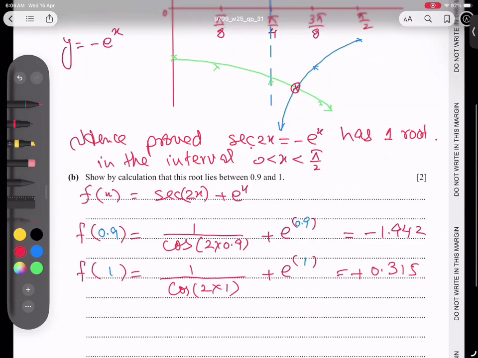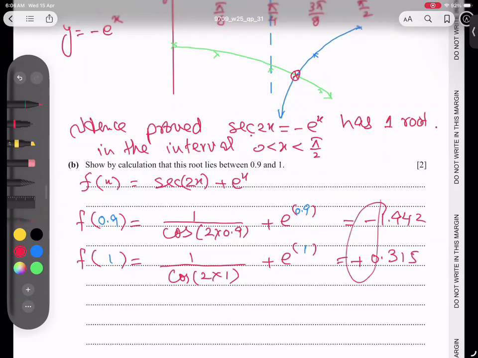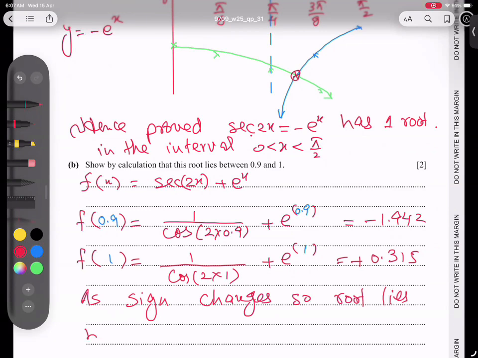And as the sign changes, write a statement here: as sign changes, so the root lies between 0.9 and 1.